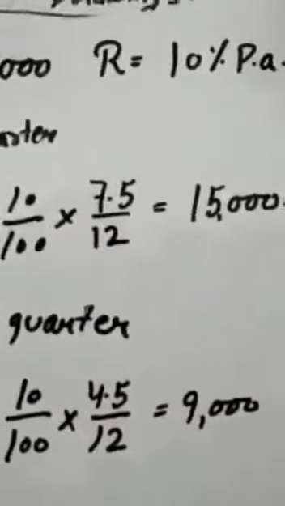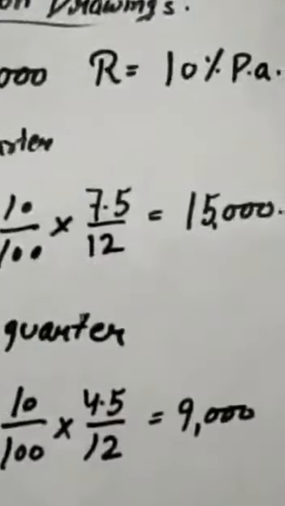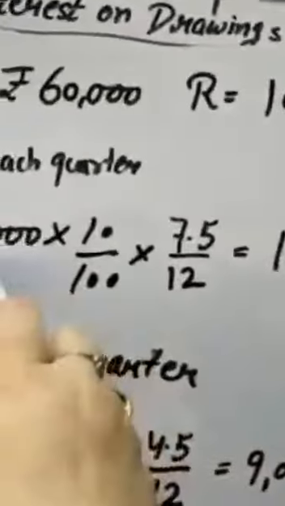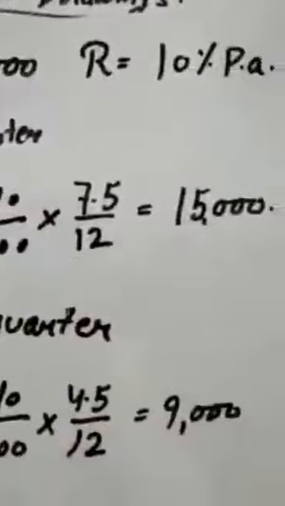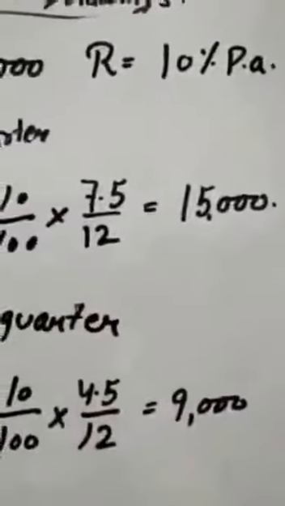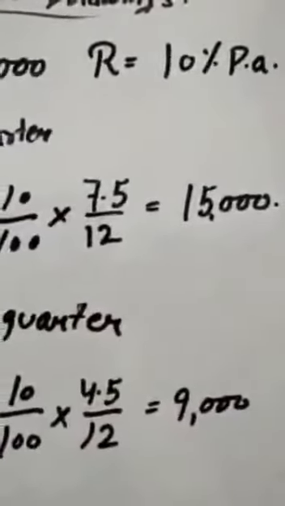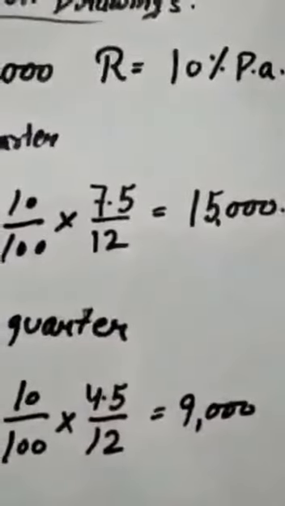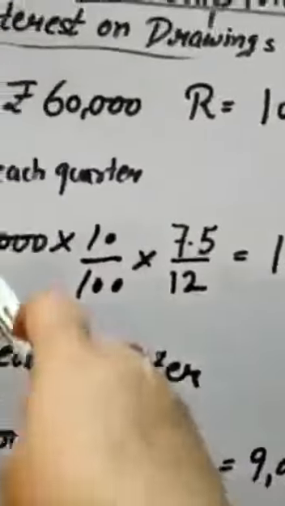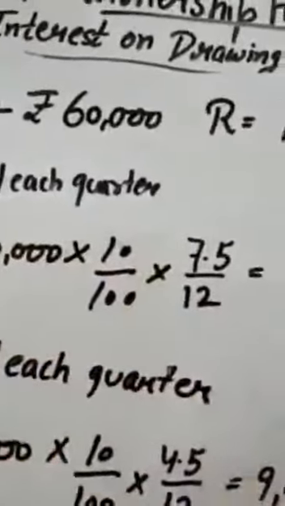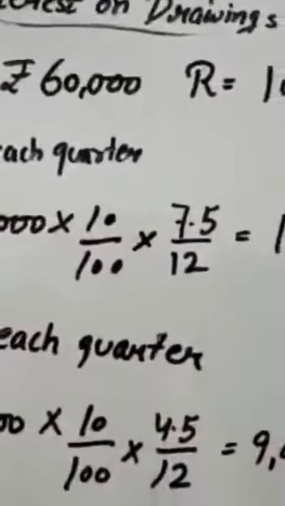That means total drawings is 2,40,000. The rate of interest is given 10%, and in the beginning of each quarter you have already calculated the average period. It is 7.5 months. Answer comes out to be 15,000.